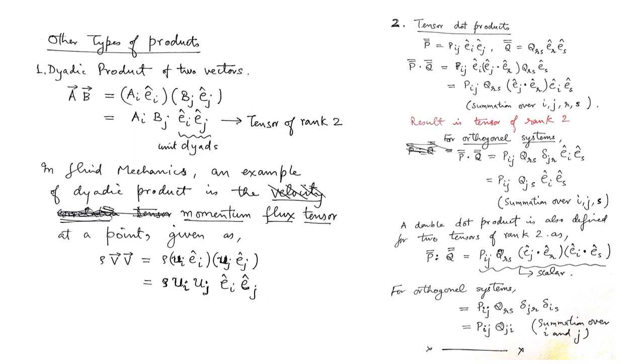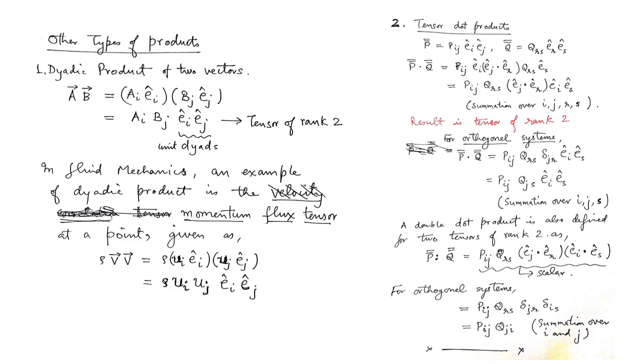How are they involved? The inner ones, the second from P and the first from Q, are involved in a dot product, ej dot er, and the other two, that is the first from P and the last from Q, are also involved in a dot product. So Pij Qrs, ej dot er, the second from the first and the first from the second, and the other dot product is between the remaining two unit vectors, ei and es.